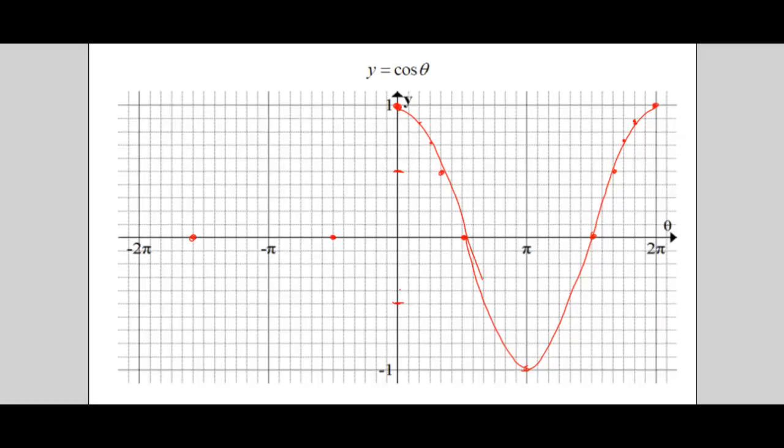If you draw it smooth, then everything else will fall where it belongs, and we know the values because we've got the unit circle for the other values. So here we do that. At this point, we're going to drop down here, and at this point, we're going to come back up there. There's your cosine curve.